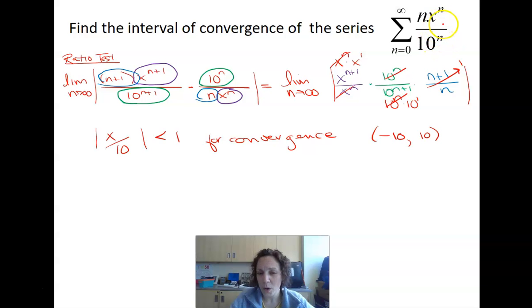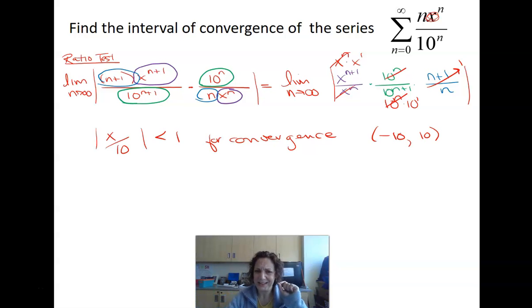That is bigger than 1, and your terms are going to constantly get bigger. In order for this to converge, this x here has to be less than 10, because if you put a number like 3 or 4 or 5 in here, then if you put a 5 in here, you're raising 1/2 to the n. So your terms are getting smaller and smaller and smaller.